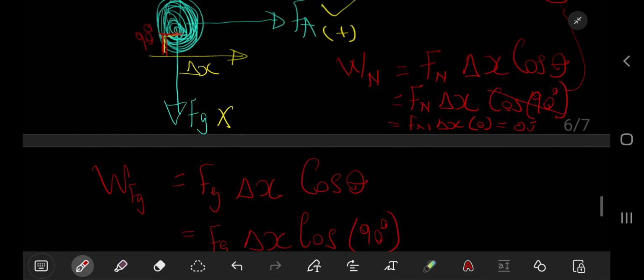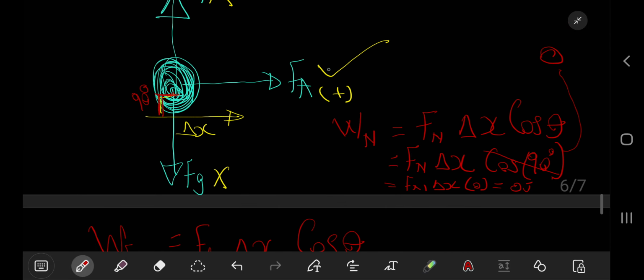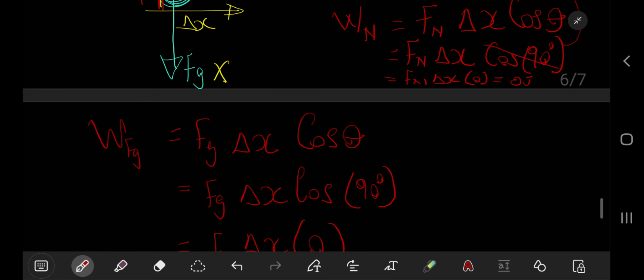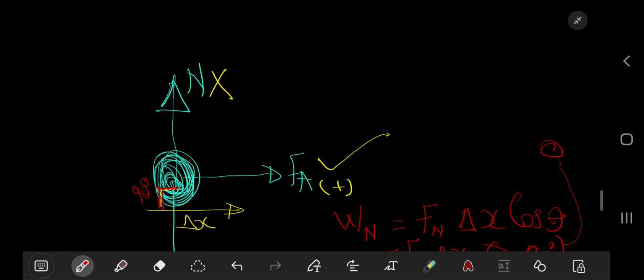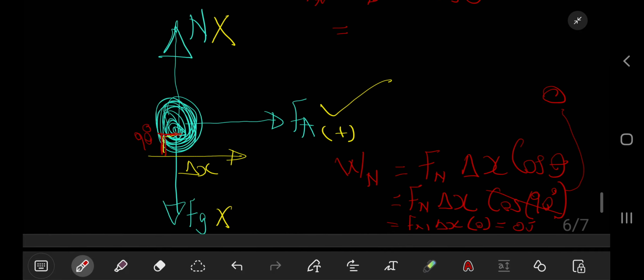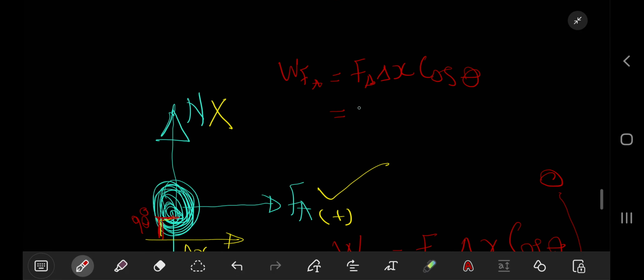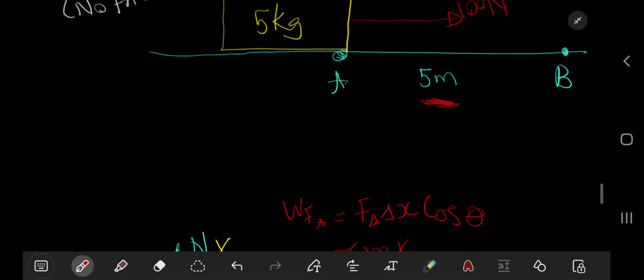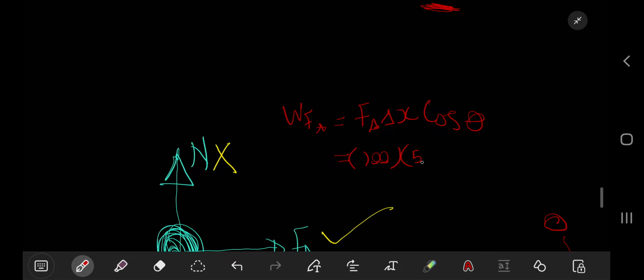However, if we calculate the work done by the applied force, that would be the applied force multiplied by the displacement, times cos of the angle between the two. The applied force was given as 100 newtons and the displacement as 5 meters.